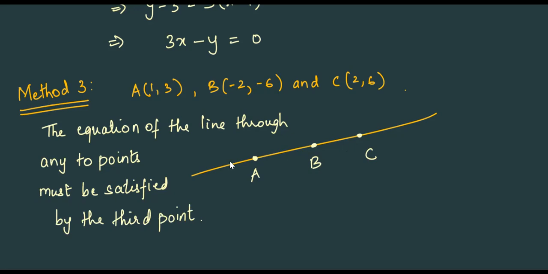So the third point lies on the same line, so it should satisfy the equation of the line passing through A and B.